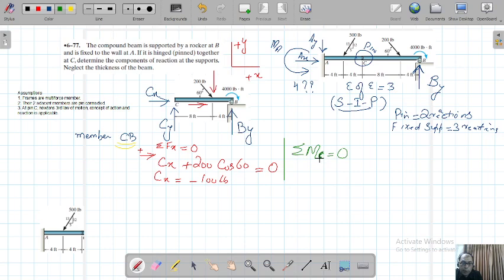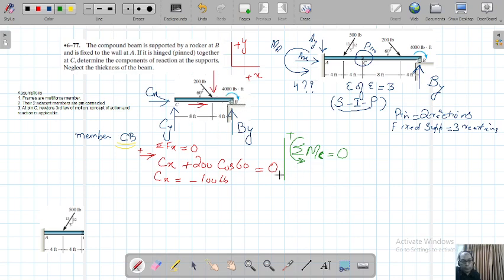This is C. We are taking anti-clockwise moment as positive. So the Cx and Cy will become 0, and this vertical force 200 sine 60 will have a moment arm till point C of 8, and this By will have a moment arm of 12 feet, and the other is this 4000 pound feet at B.